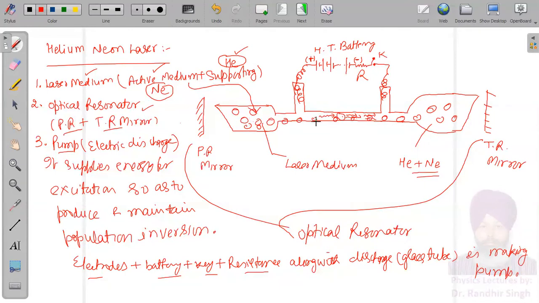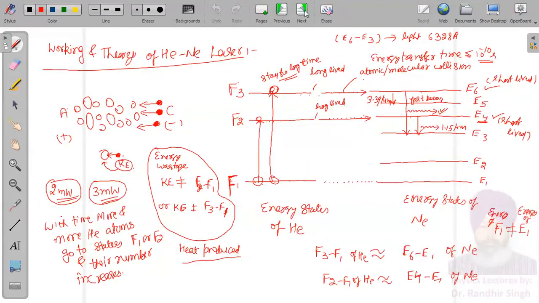Then because of the action of the mirror, their number will keep increasing, and as a result we will get a beam of light parallel to the axis of the helium neon laser discharge tube. So this is the interesting part of this helium neon laser.